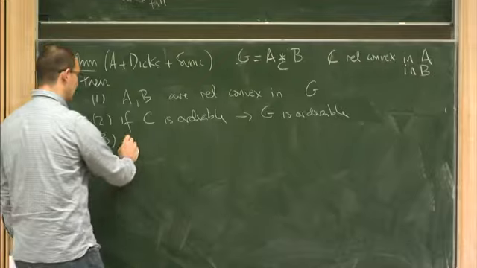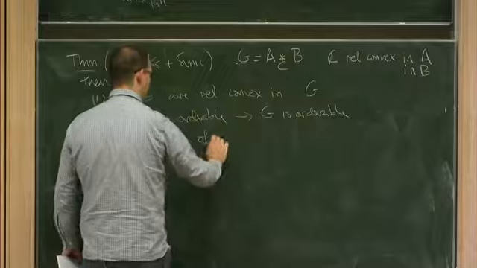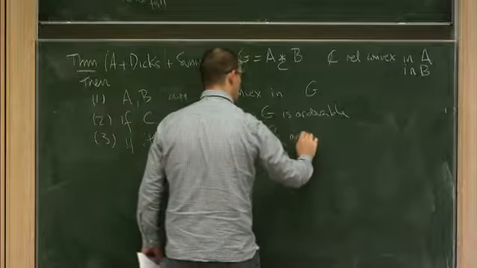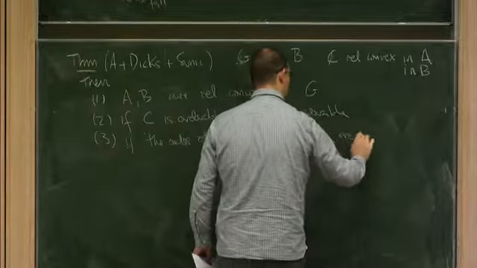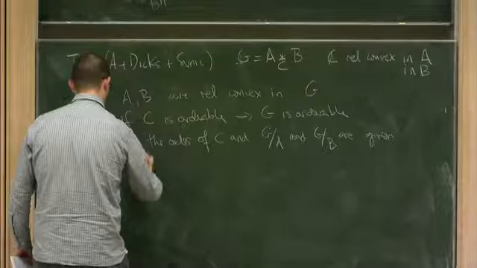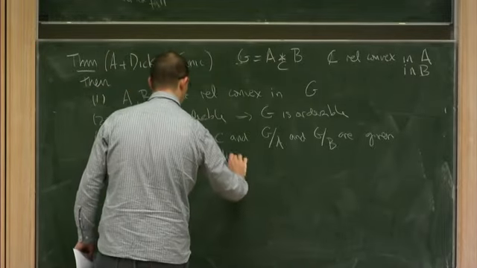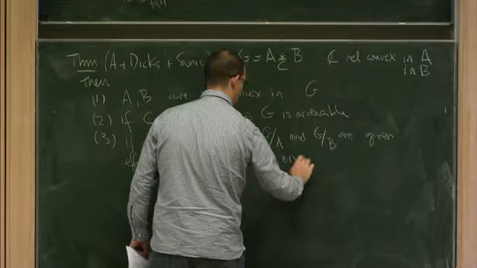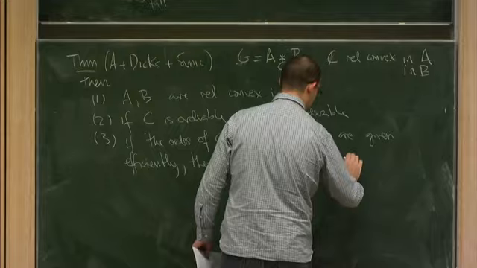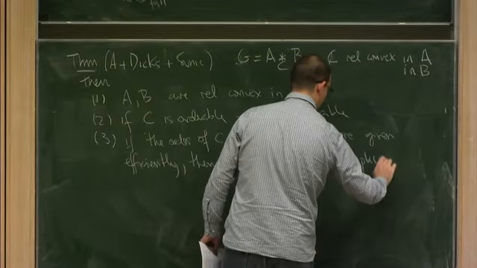But the new thing is that if the orders of C are given efficiently, then the order on G is, I don't know, explicit.